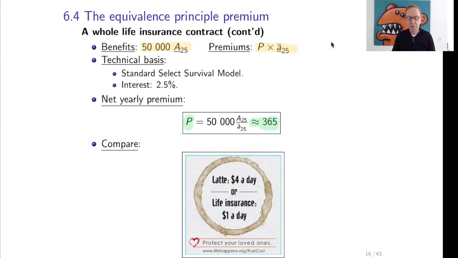Or you could even take the life insurance for $4 per day. If you buy a life insurance for $4 per day, at the moment that you die, there will be a payment of 50,000 multiplied by 4, so 200,000 euro. That's the choice that you have to make. A latte a day costs your family, when you die, in fact $200,000 that they miss.